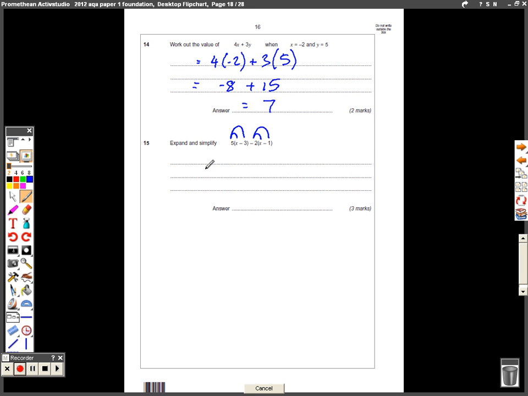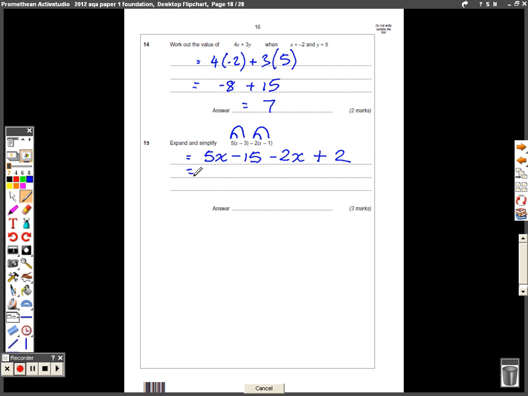So the first set of brackets, we will get 5x, take away 5 times 3, which is take away 15. And then the second set, -2 times x, and -2 times -1. Now 2 times 1 is 2. And we've got a negative multiplied by a negative, which means that we've got add.